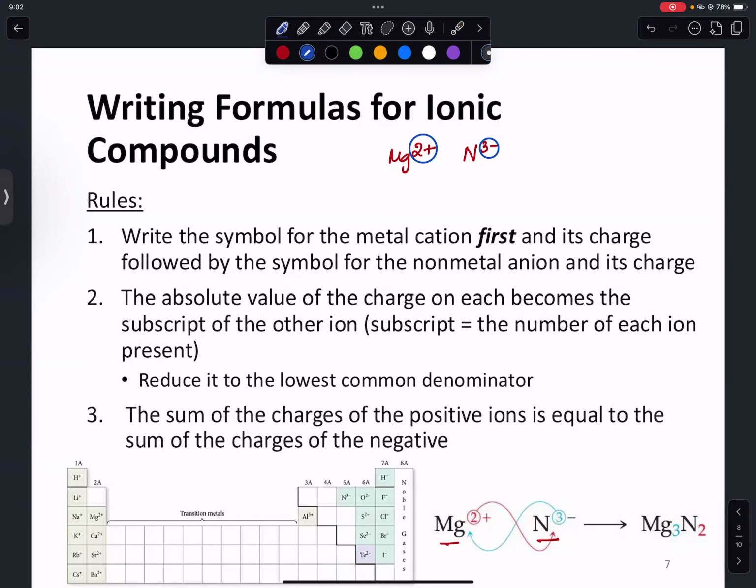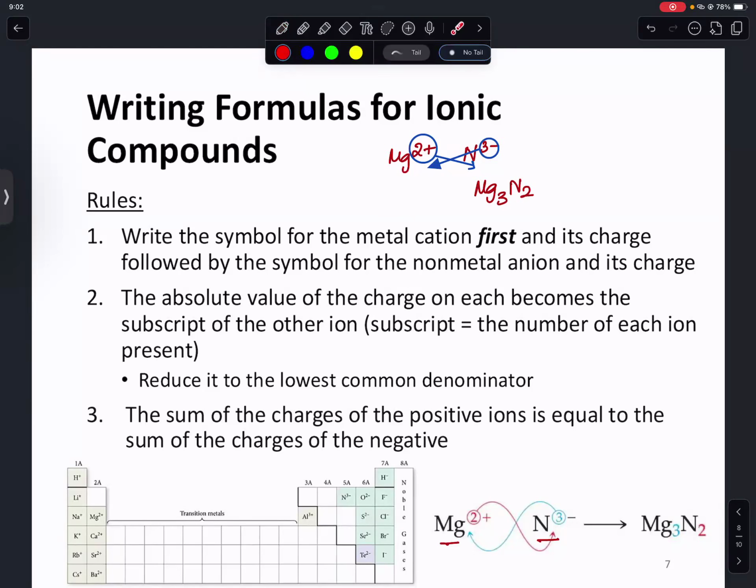This results in Mg3N2. So what does this mean?